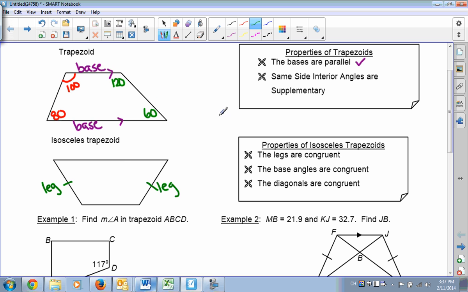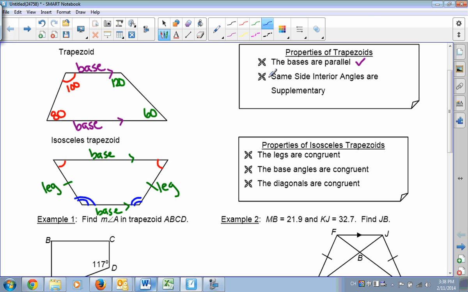Okay. So we still have the top and the bottom parallel, the bases. The base angles are congruent. So that means if this is a base and this is a base, the base angles would be the two top angles and also the two bottom angles.